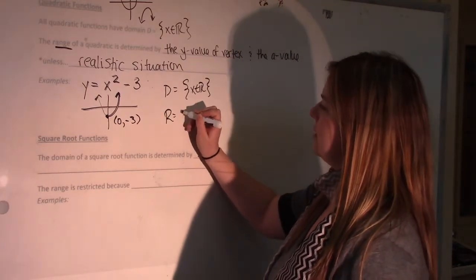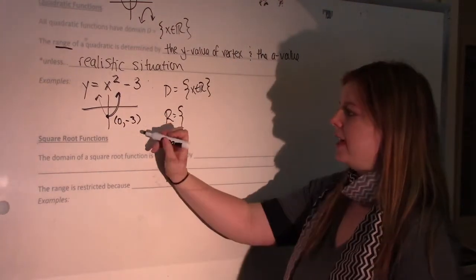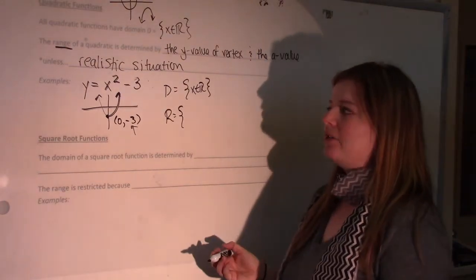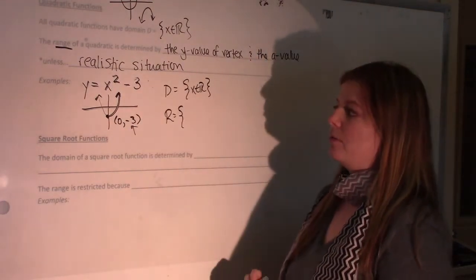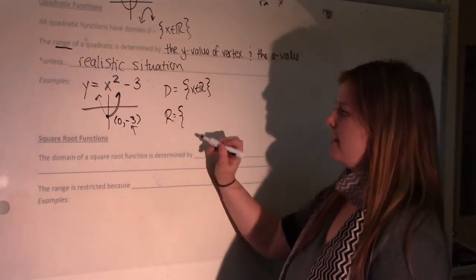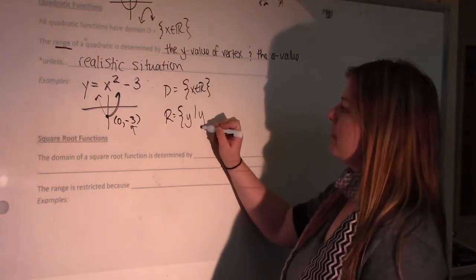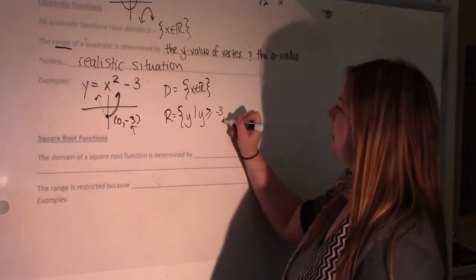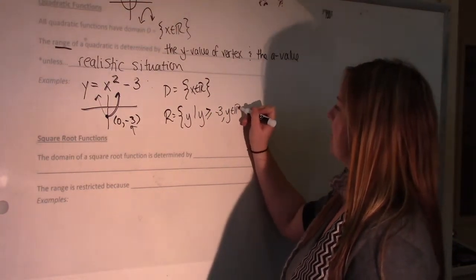But what about the range? Well, we have to look at the y value of the vertex, which is negative 3. And we have to look at the point that the parabola opens up. So the a value is positive. So that means that your y is always greater than or equal to negative 3 and x is in the set of all real numbers.